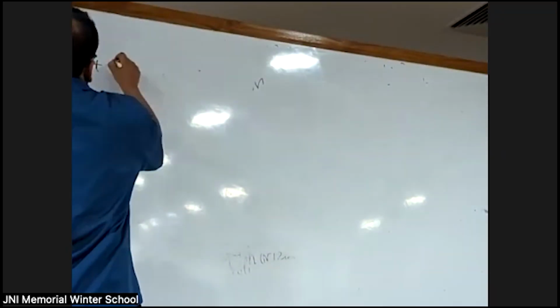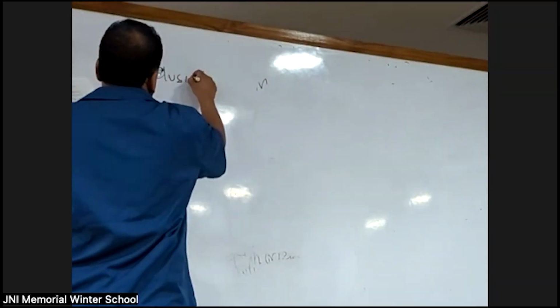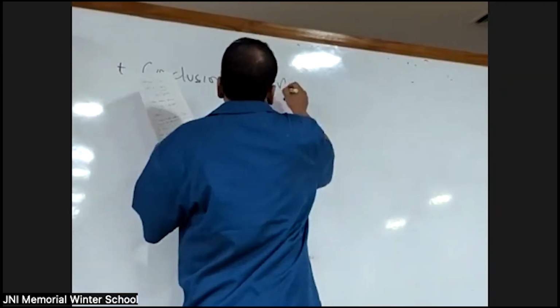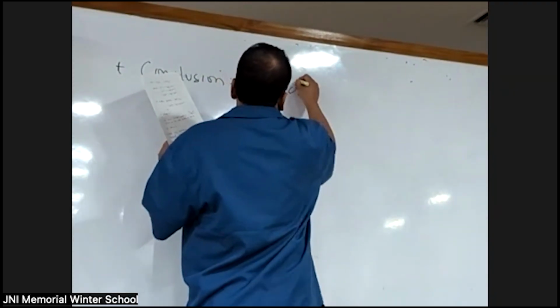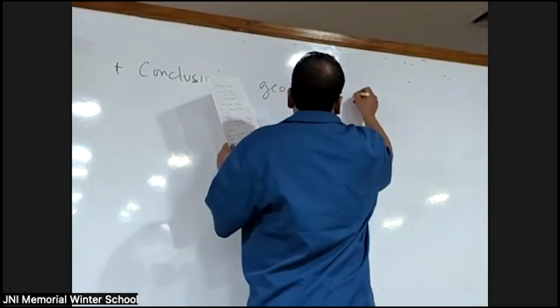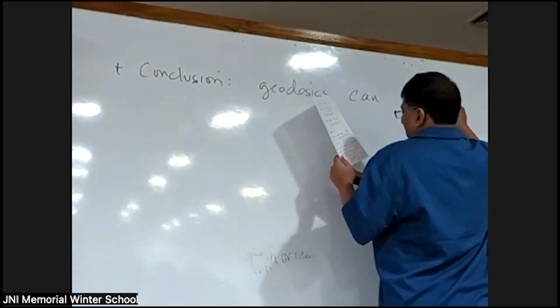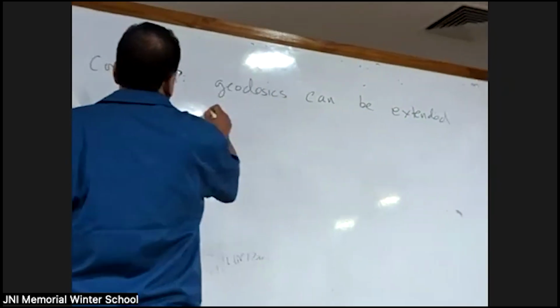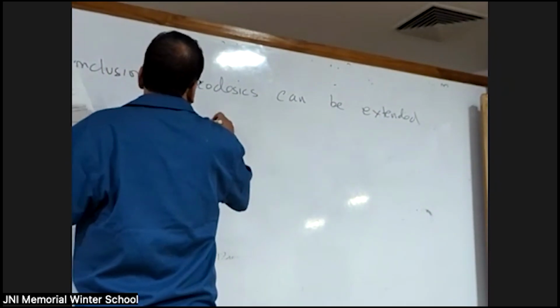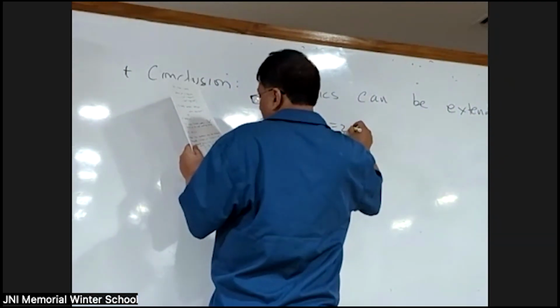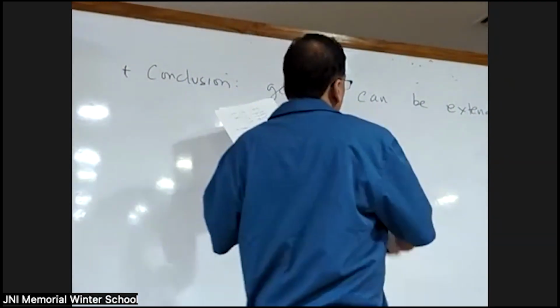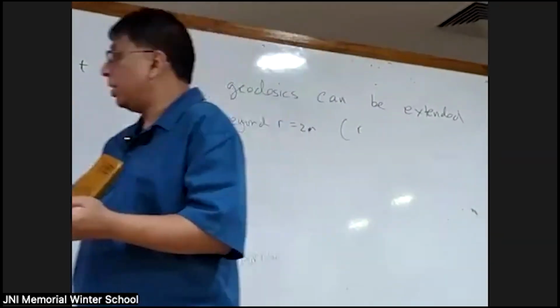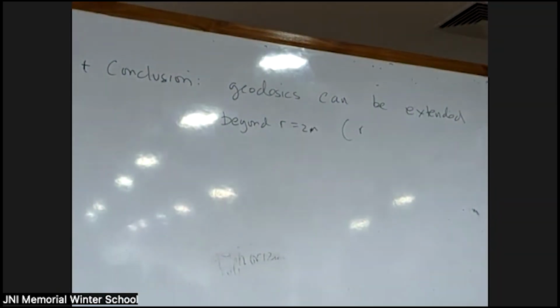So the conclusion here is that geodesics can be extended beyond r equals 2m, because we found that for future directed world lines, r is decreasing.